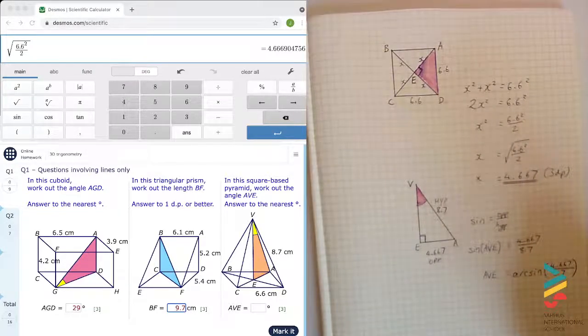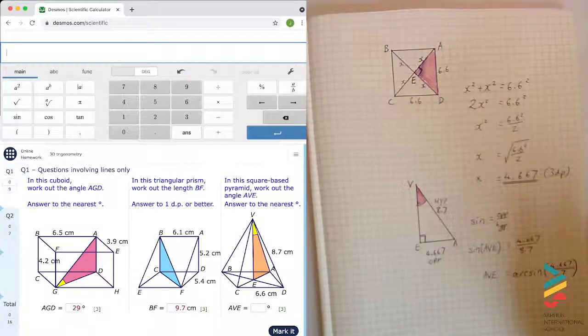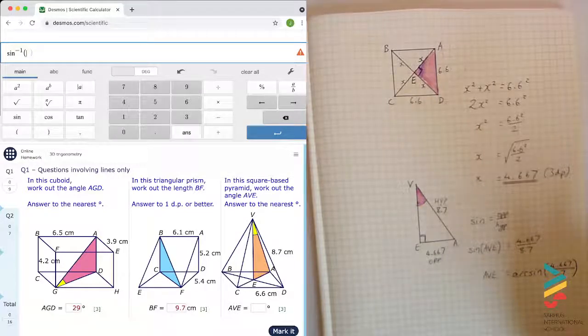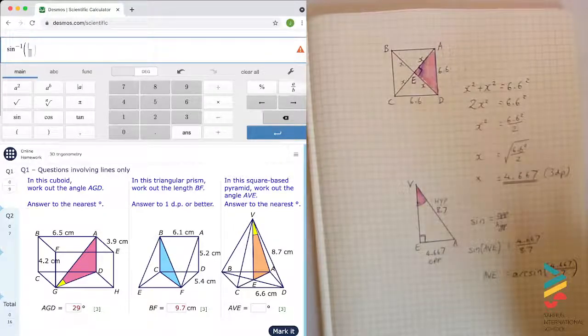And then I can punch that into the Desmos calculator, so I'll clear everything I had. So I need to go onto the function section. So it's a little sine with a -1. That's how they represent inverse sine or arc sine. Back to the main page of that. Make a fraction. The inverse sine of 4.667 divided by 8.7.